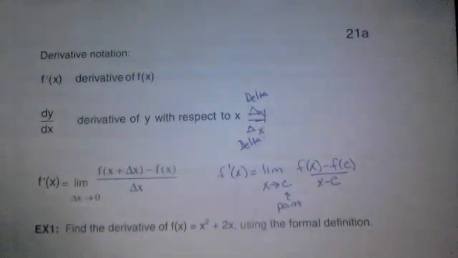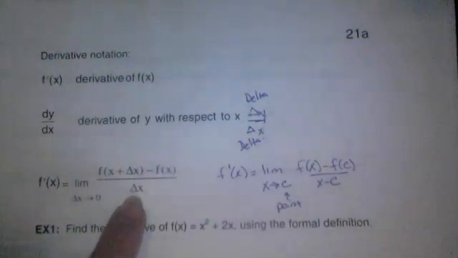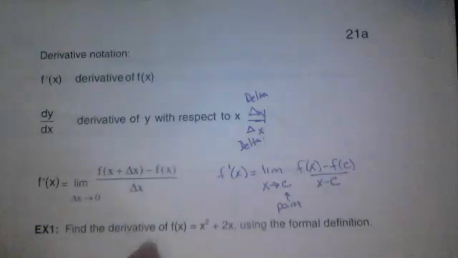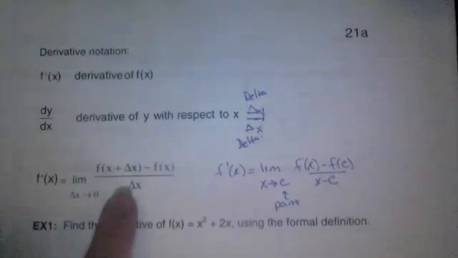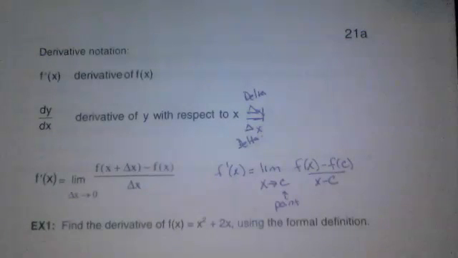All right, so we are going to use this formal definition to find the derivative of this equation. Now, this derivative is going to be kind of a bulky equation, but remember that in the end, it is helpful because then you can find the derivative at any given point without having to start over every single time.